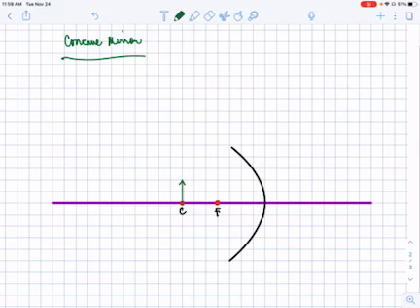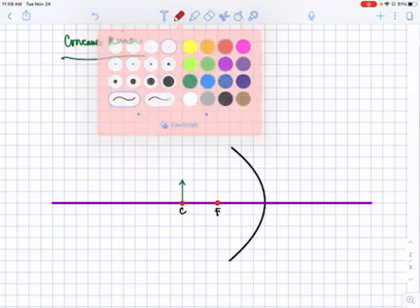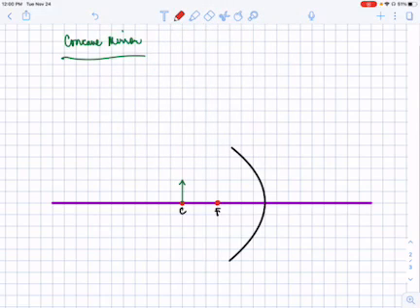So let's start. We draw ray 1 from the tip of the object, parallel to the principal axis, the purple one, to the mirror. Okay, so we draw that one.